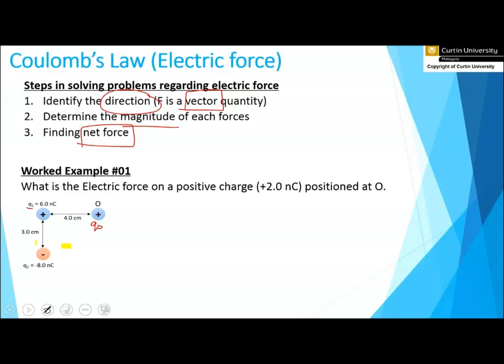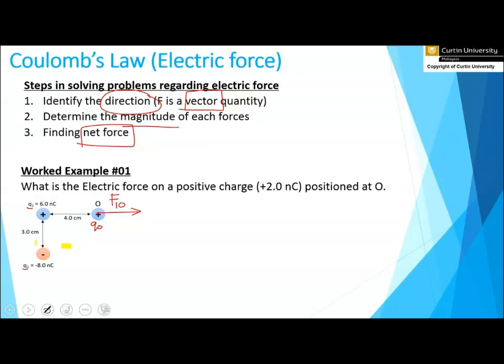Between Q1 and QO, both of them have positive charge, so they will repel against each other. Taking QO as our reference charge, the force acting on QO because of Q1 is moving away from Q1. So this is the direction of your F1O.